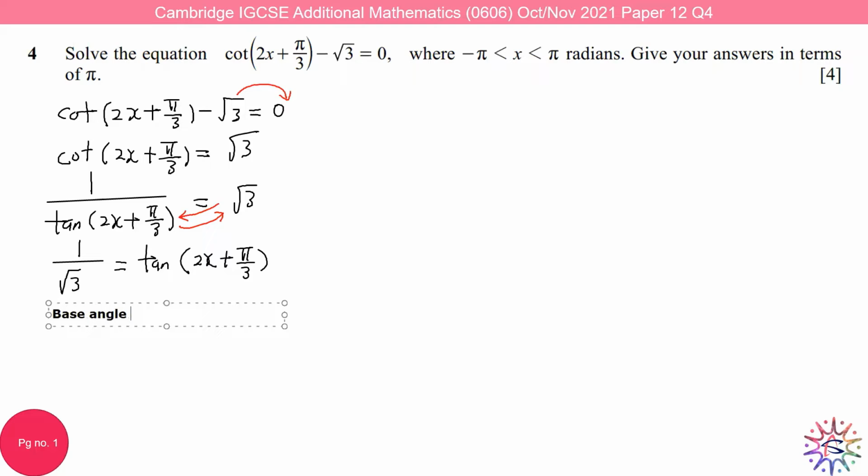In order for us to get the base angle of 2x plus pi over 3, we can refer to the triangle of common angles.